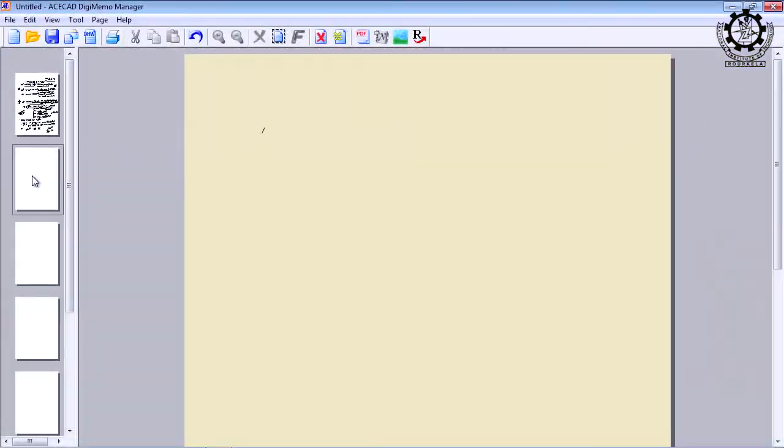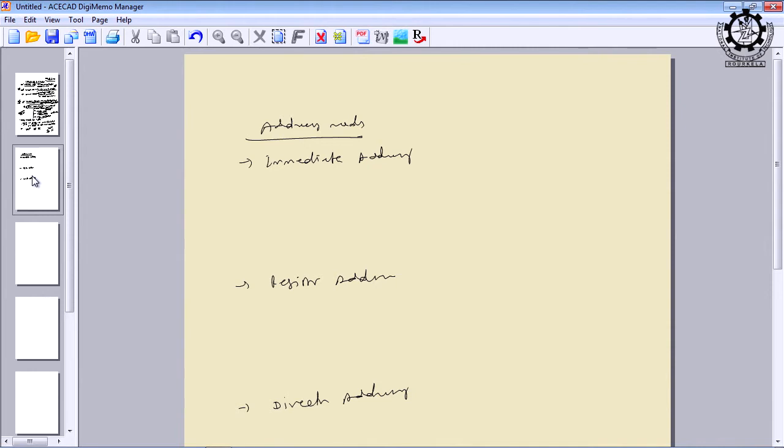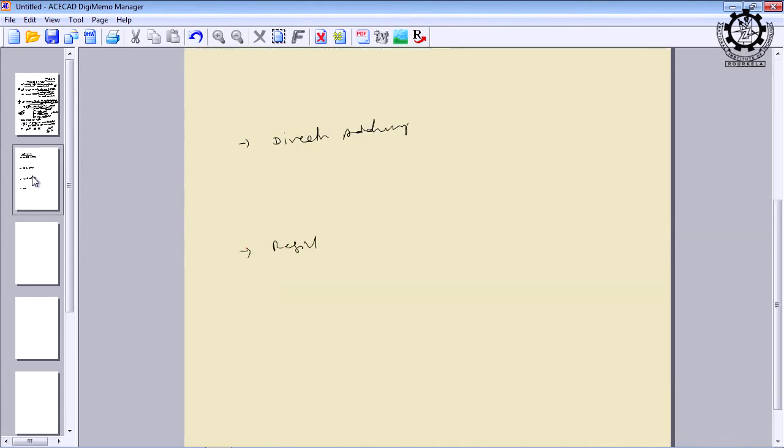Under addressing modes, 8085 supports immediate addressing mode, second register addressing mode, third direct addressing mode, fourth register indirect mode, and fifth implicit addressing mode. In total there are 5 addressing modes.